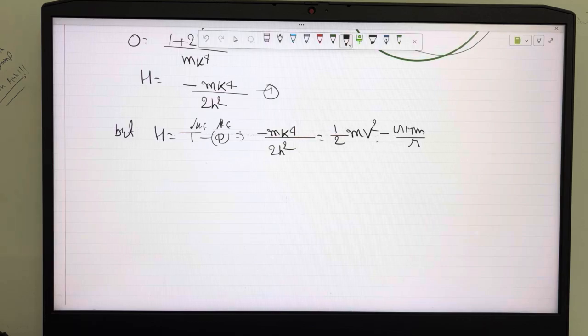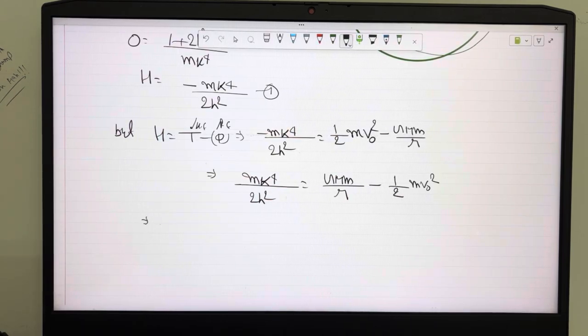Now see, I'm writing the velocity, but which velocity am I finding? Orbital velocity or circular velocity. So I'm writing this subscript O, that stands for orbital. Now if I take negative this side, m k power 4 divided by 2h square is equal to G capital M small m divided by r minus half m v naught square.